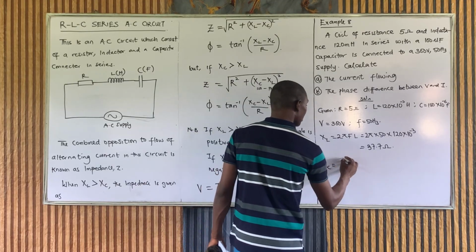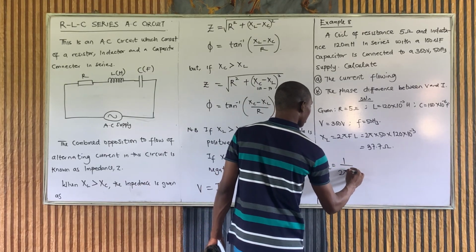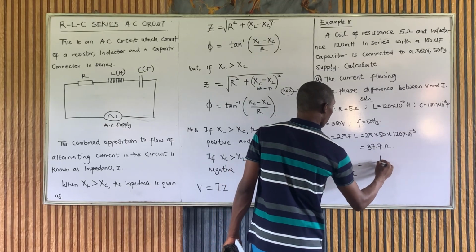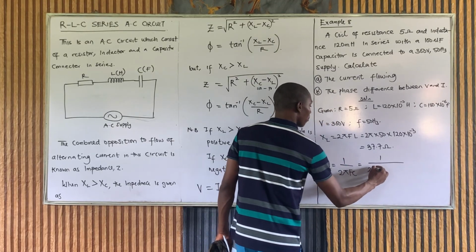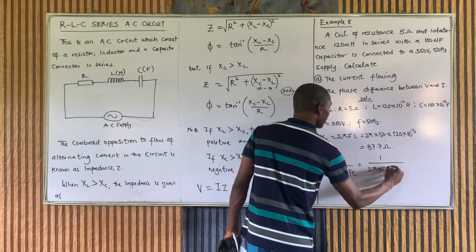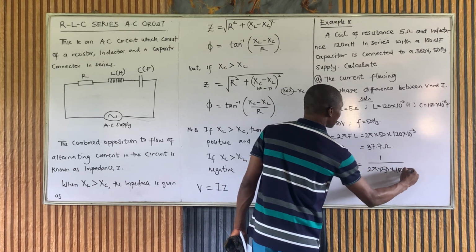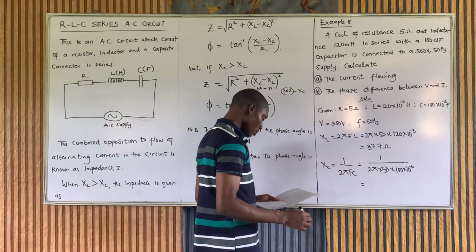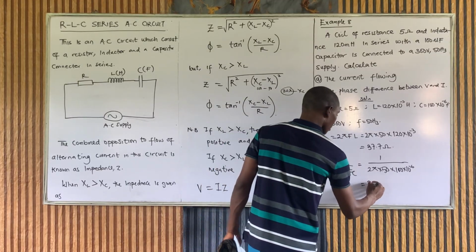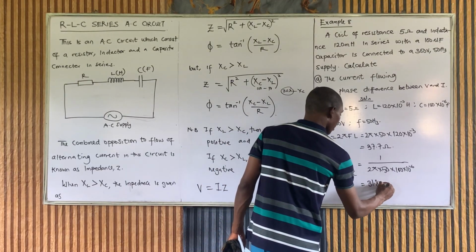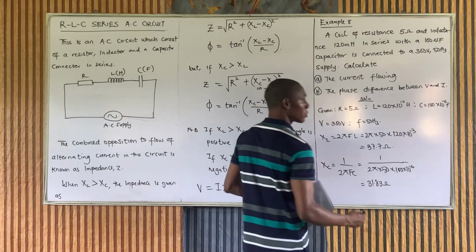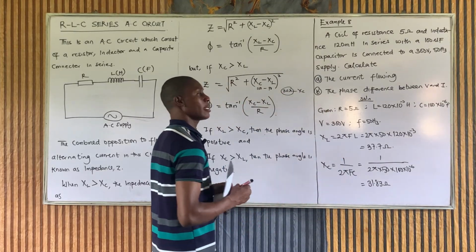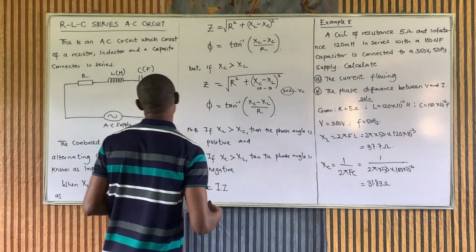That's 1 over 2 pi FC. And that's 1 over 2 pi times 50 times 100 times 10 raised to minus 6. So this will give us 31.83 ohms. Okay, now the next thing to do is to calculate the impedance.